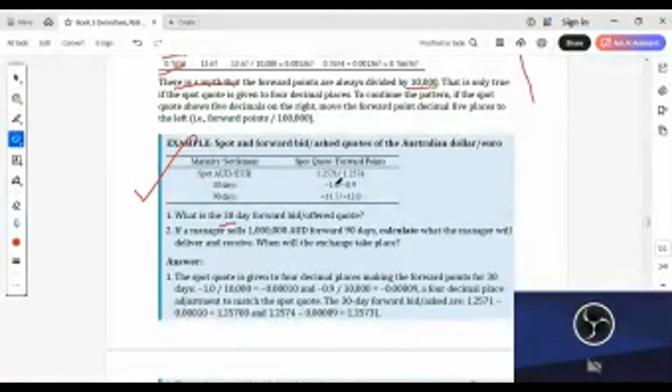So 1.2571 minus 1 by 10,000, 1.2574 minus 0.9 by 10,000.